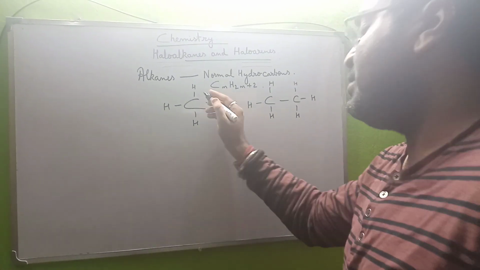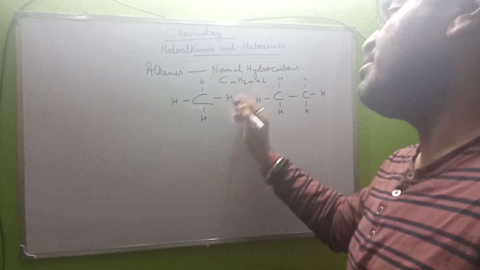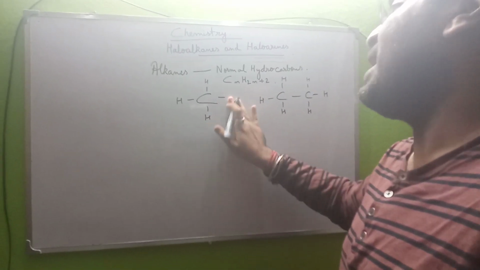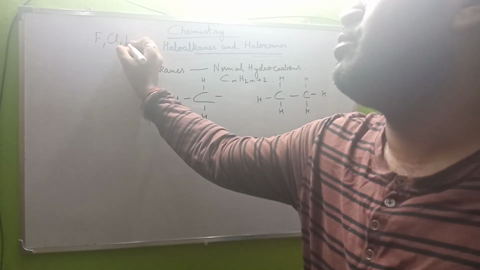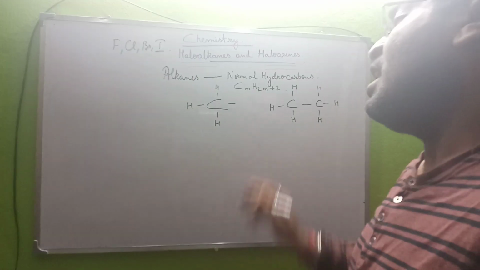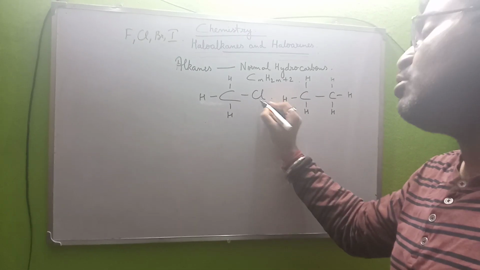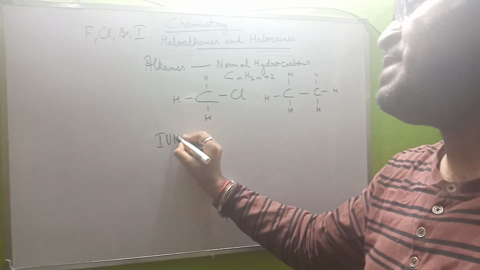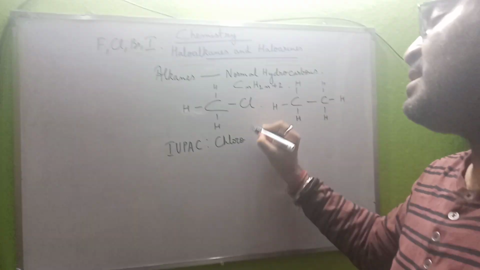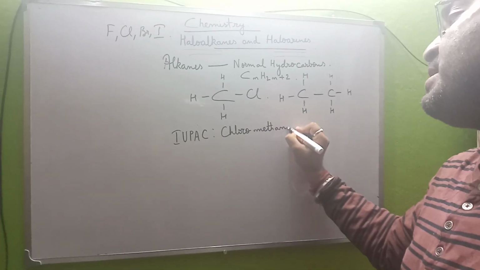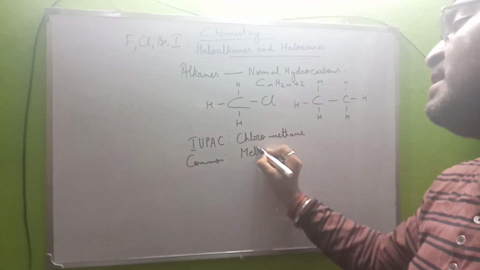Now if I need to substitute or replace a hydrogen by a halogen, that means fluorine, chlorine, bromine or iodine. If I replace any one hydrogen and write Cl, meaning chlorine, then according to the IUPAC name, it will be chloro plus 1 carbon, so we write chloromethane. The common name will be methyl chloride.